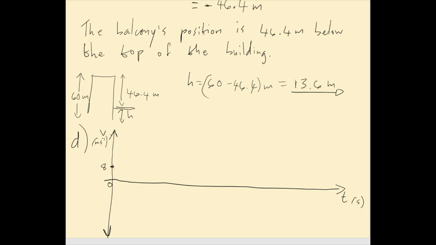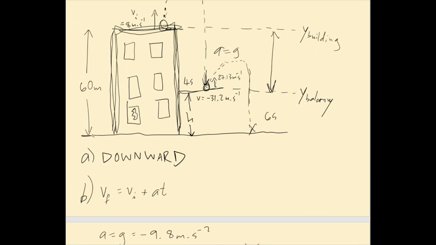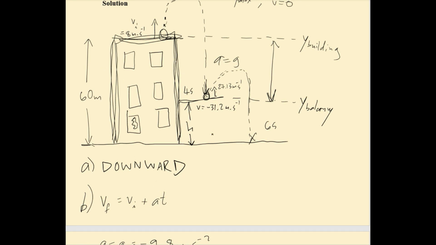The velocity then goes down to 0 at maximum height, and then it continues down. At 4 seconds, it is negative 31.2. This is when it hits the balcony.